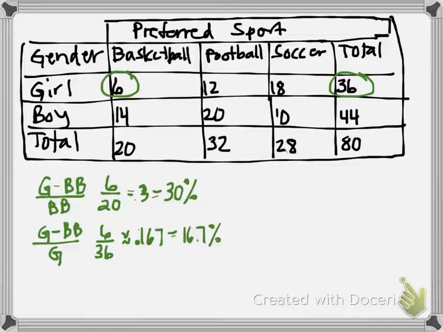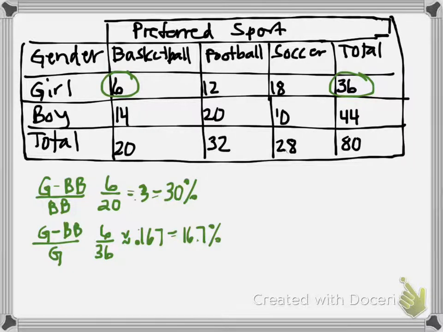It says, find the conditional relative frequency that a student surveyed prefers soccer, given that the student is a girl.